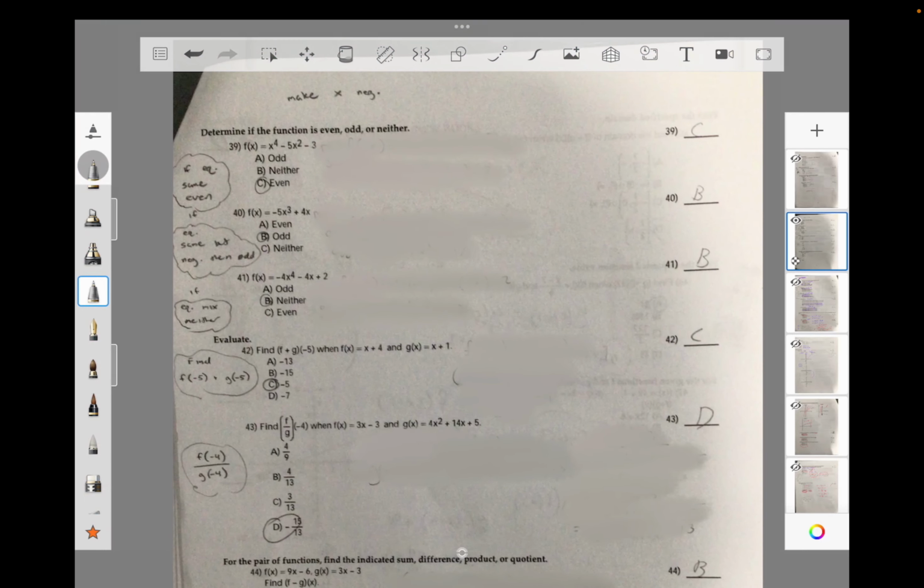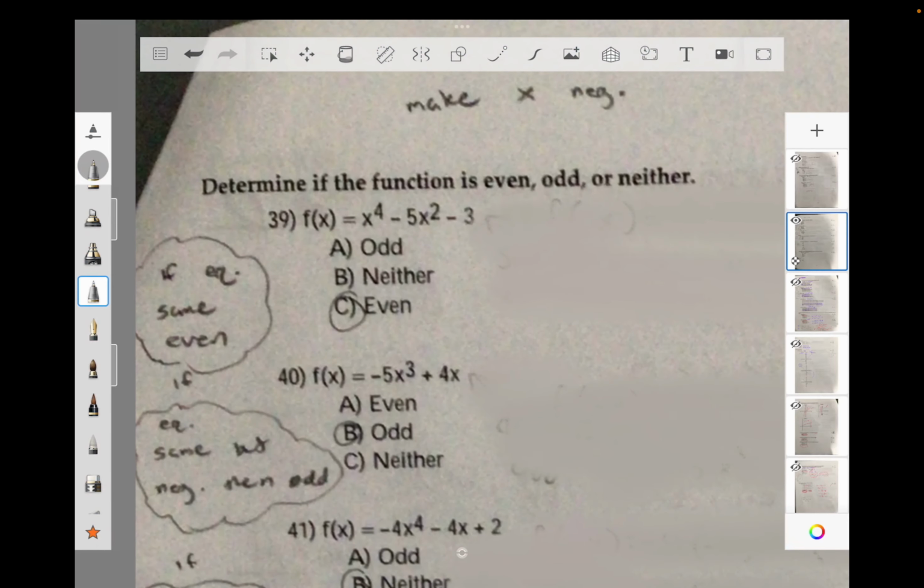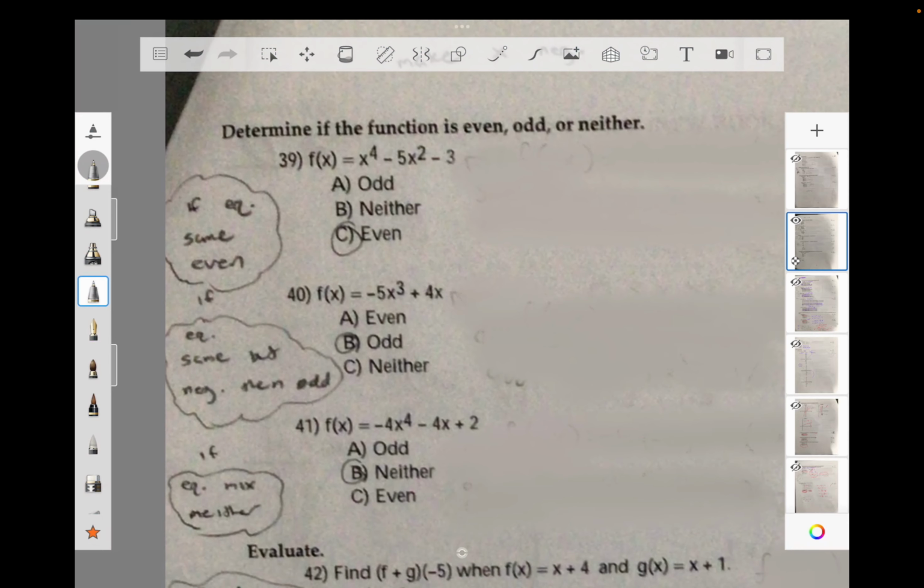Alright, similarly to that one, to check if it's odd, even, or neither, all you have to do is change all these x's with a negative x, and if the equation stays the same, it's even.